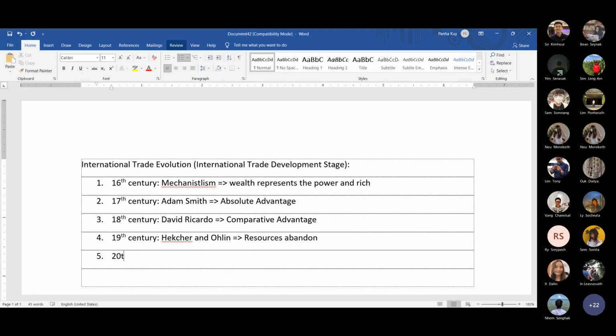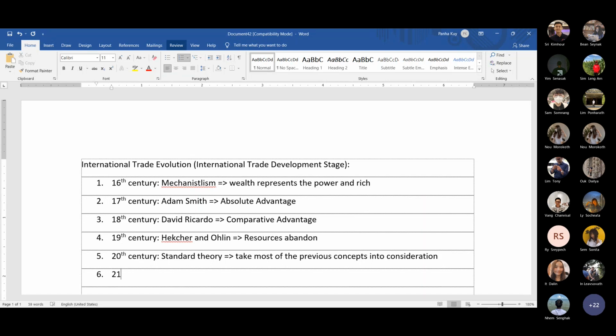And in the 20th century, there's another one. This is the standard theory, which develops and forms most of the previous concepts into consideration.